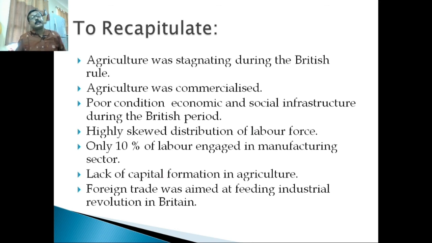That means whatever activities were carried out in the country by the British were mainly to serve the purpose of the British economy rather than for the betterment of the people of India.